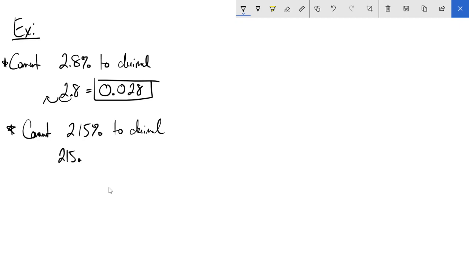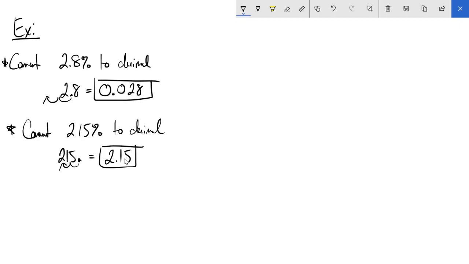We just don't write it if there's nothing beyond it. I need to move it two place values. I'm trying to go to decimal form, so it should be getting smaller. So where should it go? That way. And what's my final answer? 2.15. When your percentages are more than 100%, you're going to have whole numbers in your decimal form. When your percentages are less than 100%, it's all just going to be behind the decimal place.